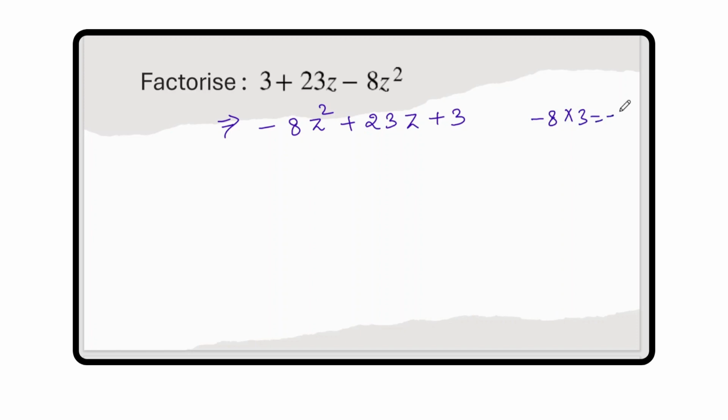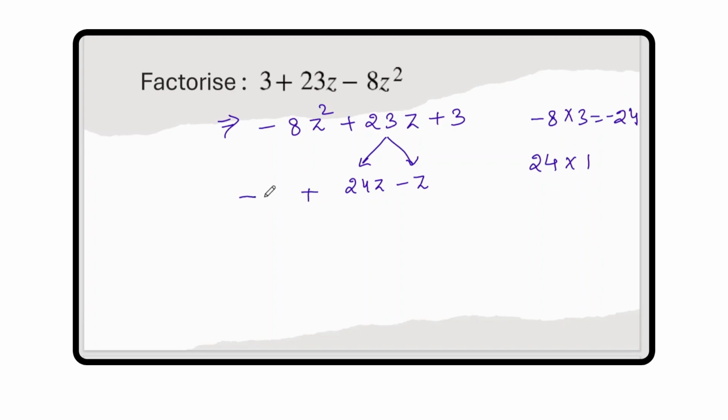It is minus 24. Now, how will you break 24 so that we get plus 23z? So you can write 24 into 1. That means 24z minus z.